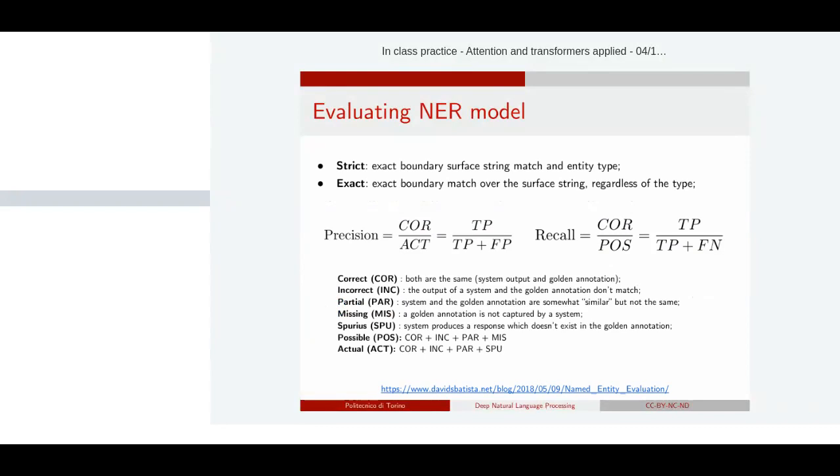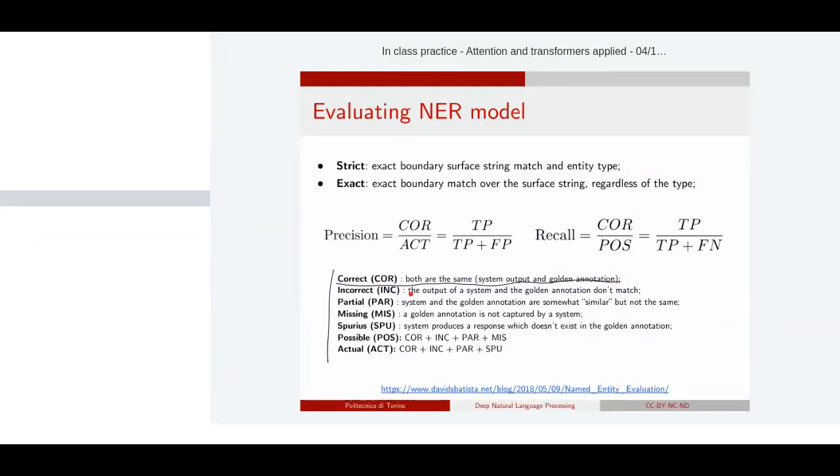You can define different numbers. In this case, you can identify which are the tokens that match, the correct ones. So the system output and the golden annotation have the exact same set of labels, associated to the same positions and the same labels.